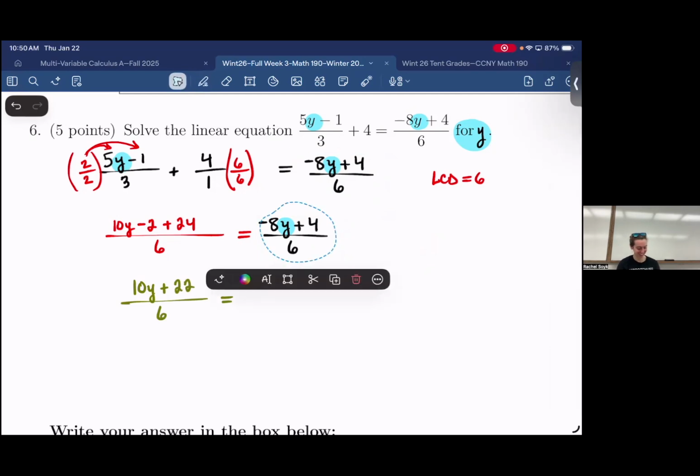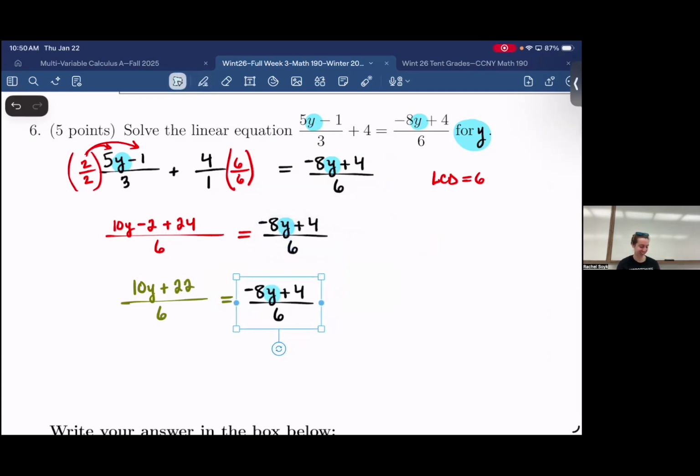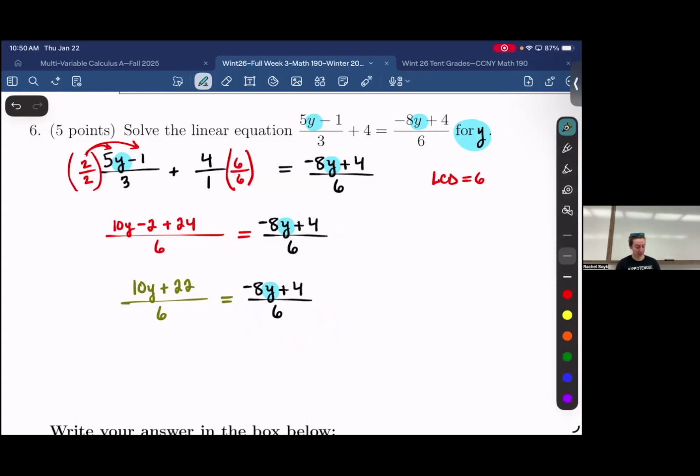So good. Now, to get rid of that denominator, we can just multiply the entire equation by 6. And when we do, all the 6's cancel out. And so now we're just looking at 10y plus 22 is equal to -8y plus 4.